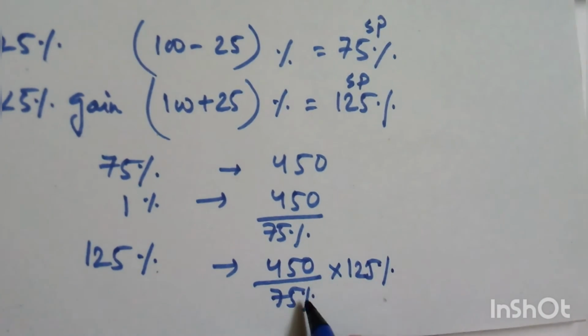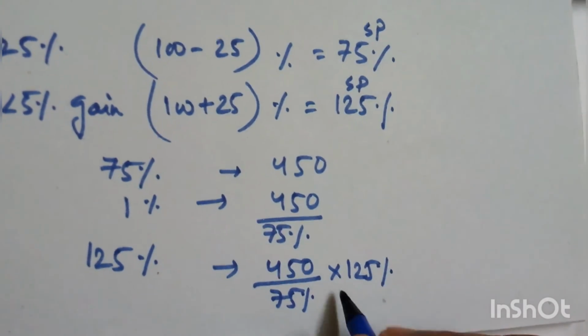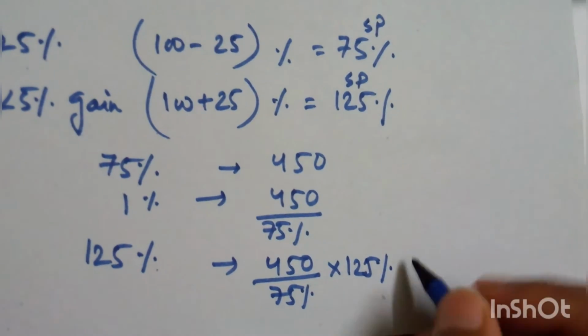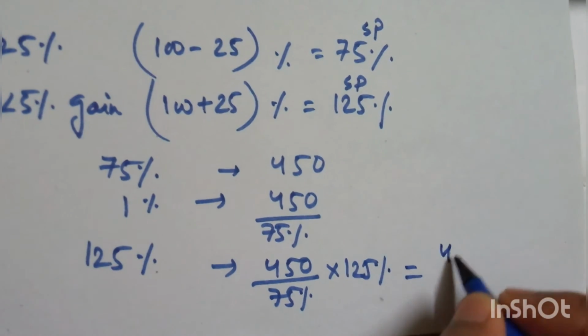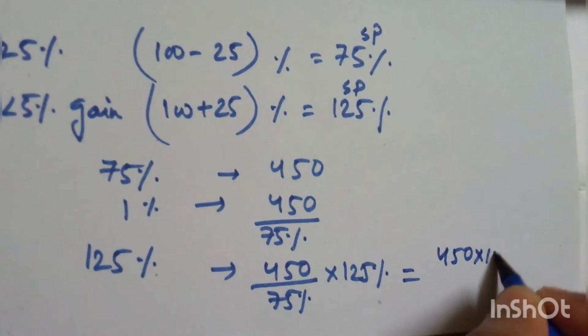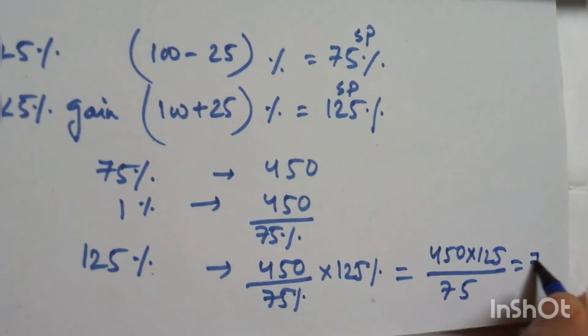That is, 75 by 100 and 125 by 100. So that will be cut out, and the final answer will be 750.